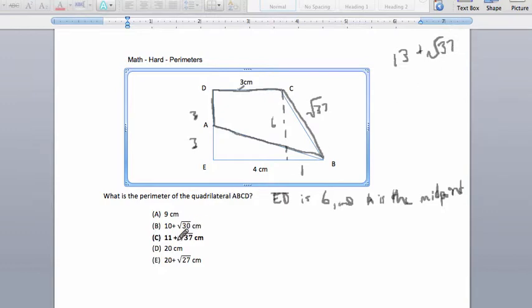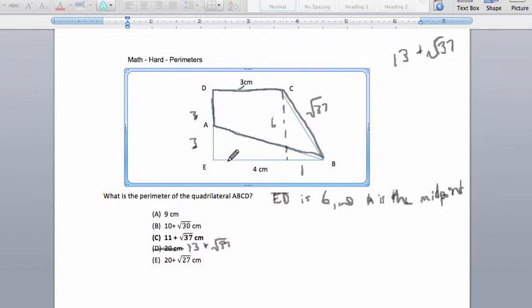And then I looked, and that wasn't an option on here. I realized, oh well, I was trying to find the perimeter of this entire thing. I made a careless error. So what I was thinking is, if you ever notice it, go ahead and put those errors in your choices. 13 plus the square root of 37 would be a really tempting thing.